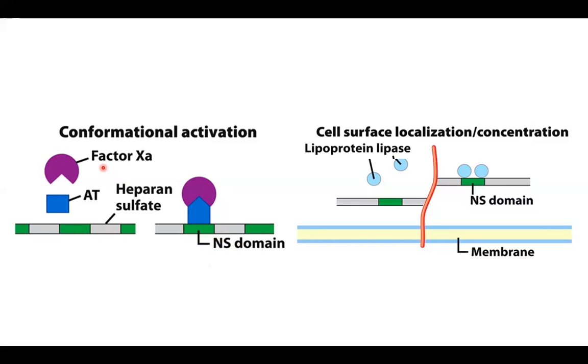Pretty much we have these things called coagulation factors, okay? There's like factor 1, 2, 3, 4, and so on. And one of those factors is factor 10A. If factor 10A is present, what you need to know is that coagulation will occur. Factor 10A is important for coagulation, it's a procoagulant.